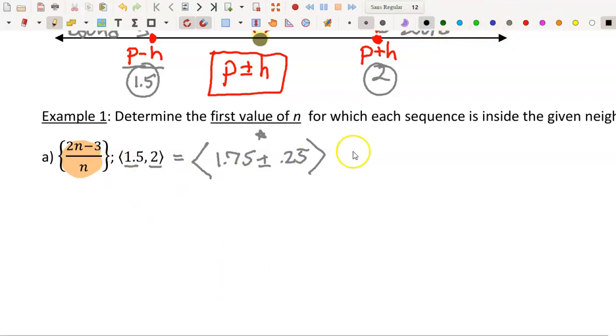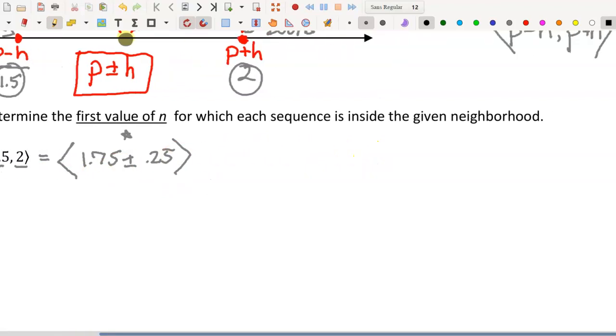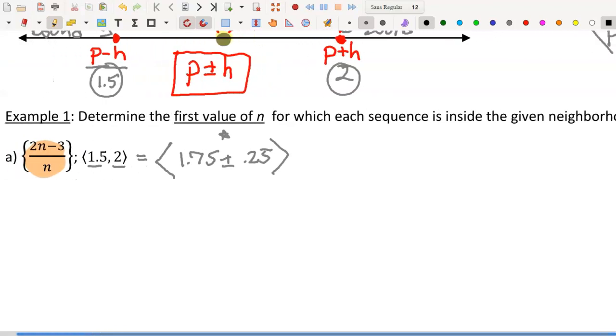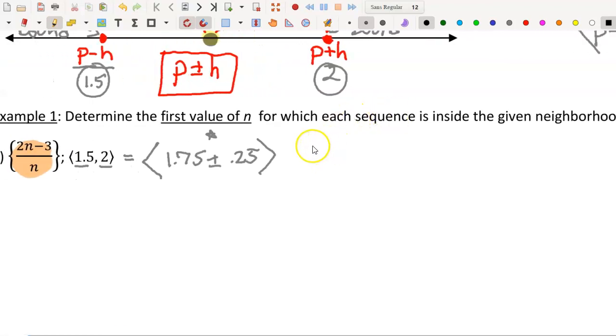So, in Algebra 1, I believe, you did compound inequalities, exactly of this type. If I want to know where something is in between, I can write a compound inequality, like so.